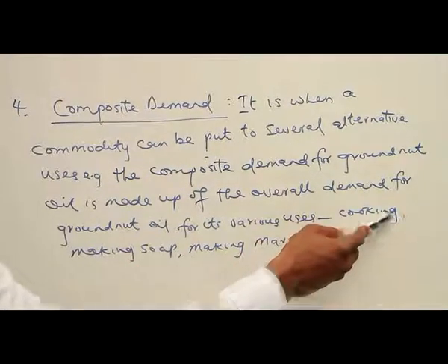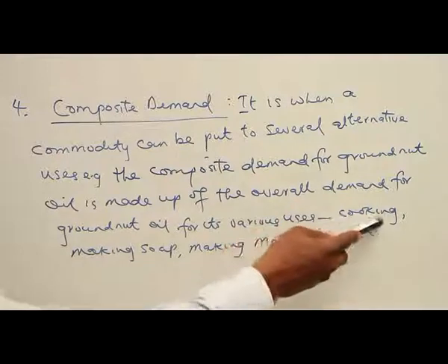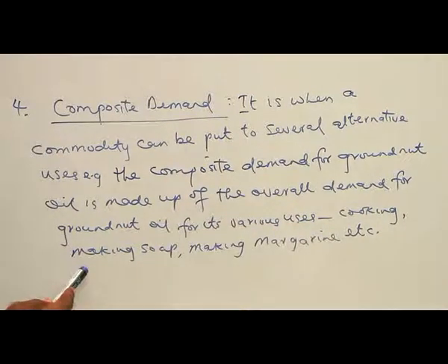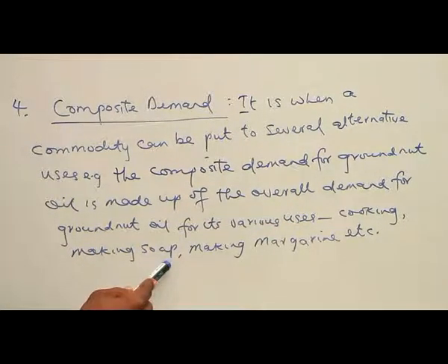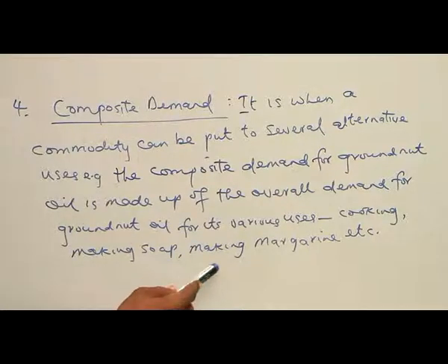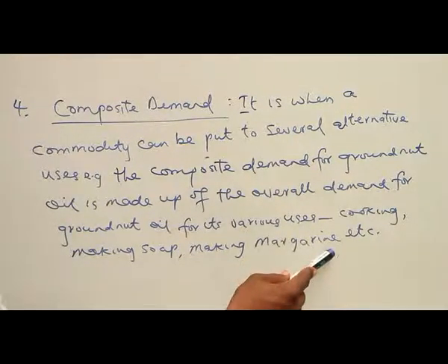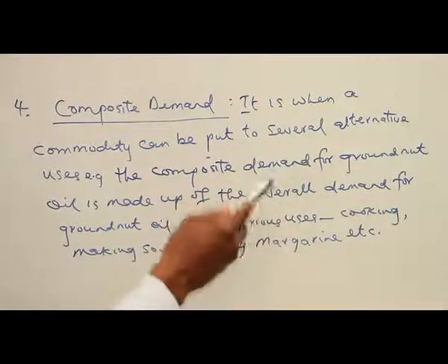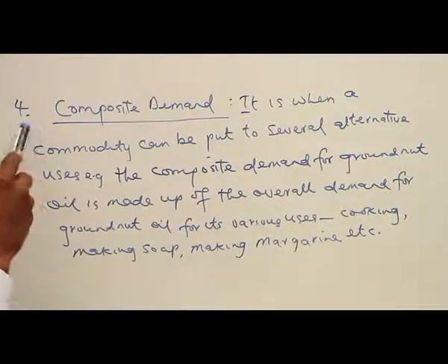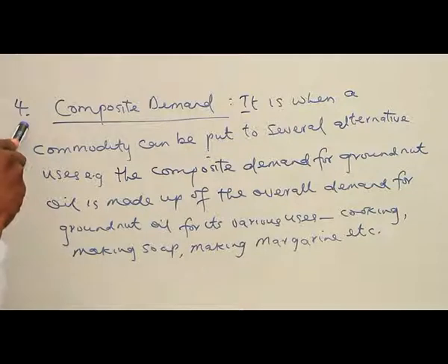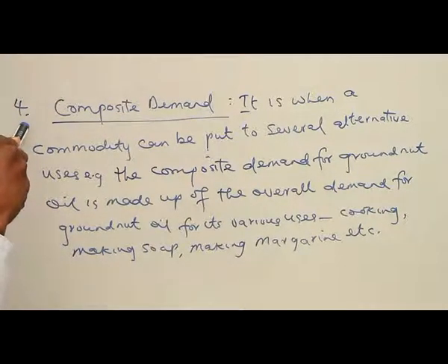Cooking. With the help of groundnut oil, we can cook. With the help of groundnut oil, we can make soap. And with the help of groundnut oil, they can make what? Margarine. So groundnut oil is an example of a composite demand because it can be used for different purposes.